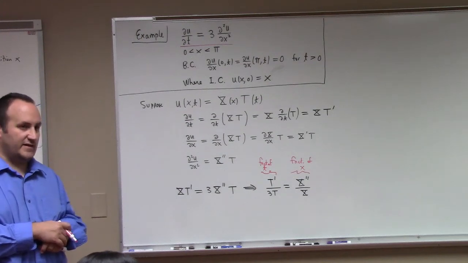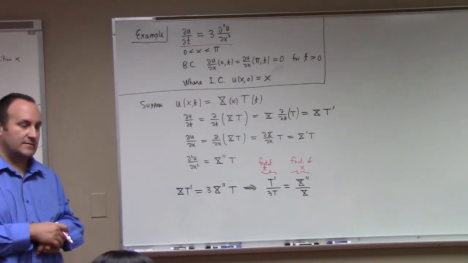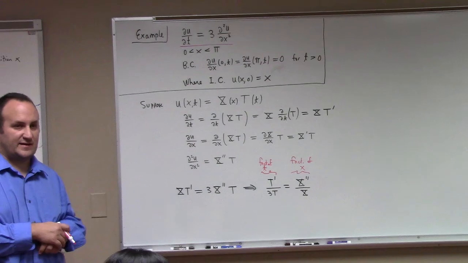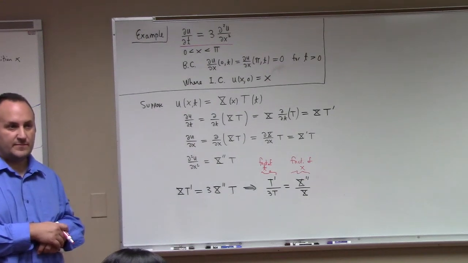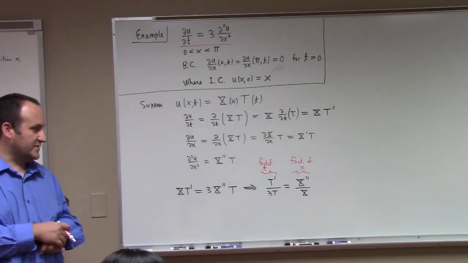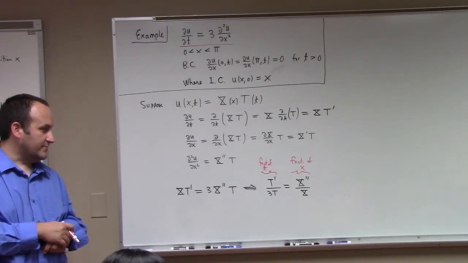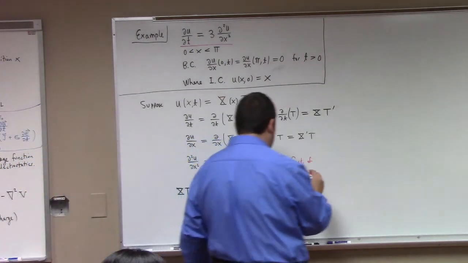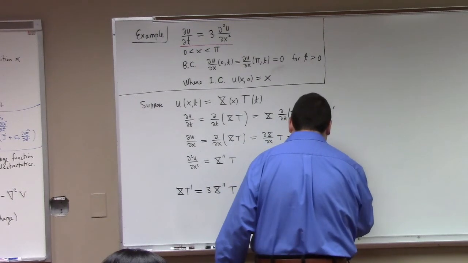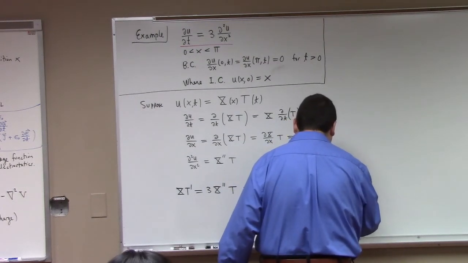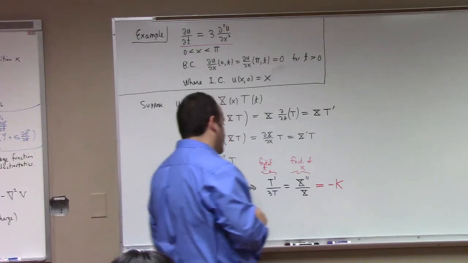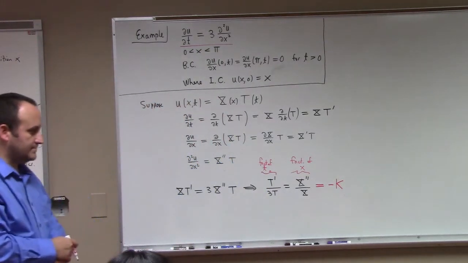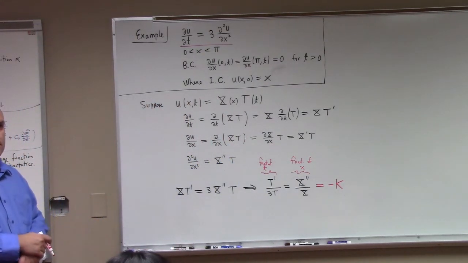A genuinely constant function is a constant with respect to any choice of variable. So the only common constant functions to both x and t are just constants, right? In other words, there exists a k, or I'll say minus k, for reasons that will become obvious in a second. So I can set that equal to minus k, right?